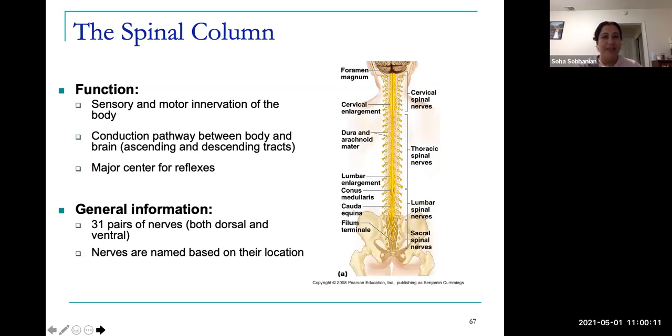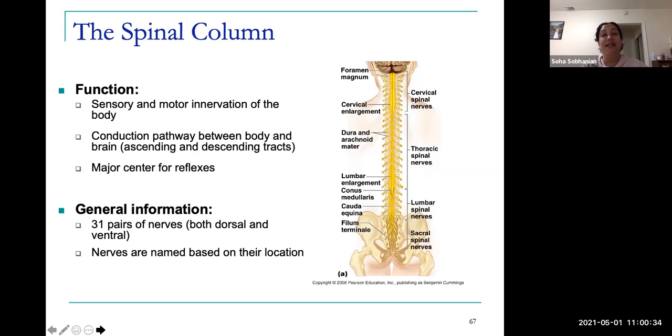Spinal cord, which is the next part that we're going to talk about, is part of the central nervous system. In terms of function, it acts as a highway between your brain and the rest of your body. So if data needs to come into your brain, it needs to pass through the spinal cord.